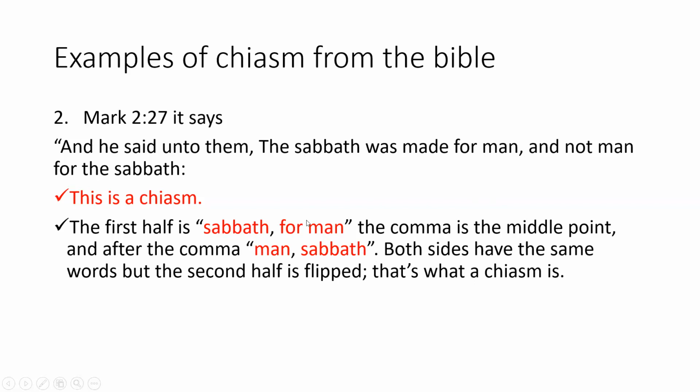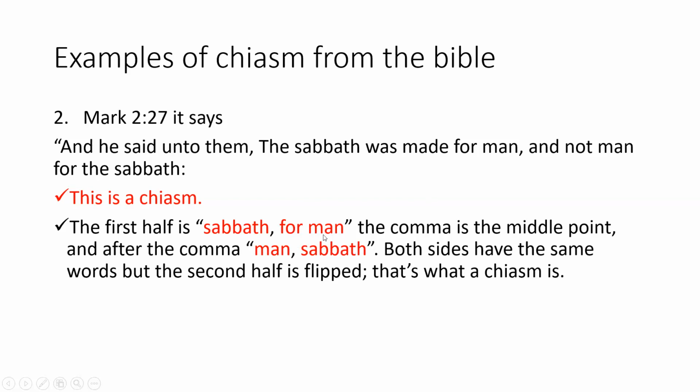These ones I have put in red are the keywords that I want from the verse. So it's talking about the Sabbath, then men, then Sabbath. The first thing to be talked about in the verse was the Sabbath, to say the Sabbath was made for men, and men was the second. Now on the second part of the verse, it starts talking about the men, then the Sabbath.